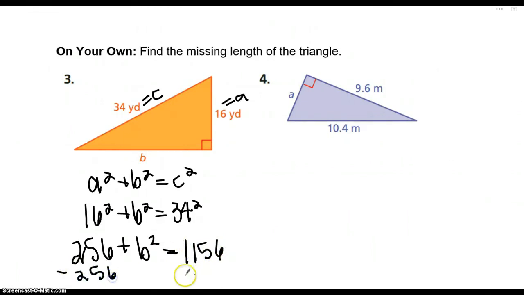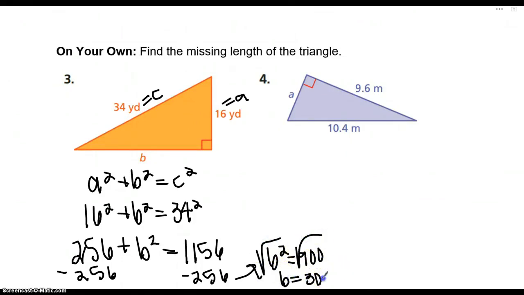Subtract 256 from both sides to get B squared by itself. And so you have B squared is equal to 900. If you take the square root of both sides, B is equal to 30 yards.